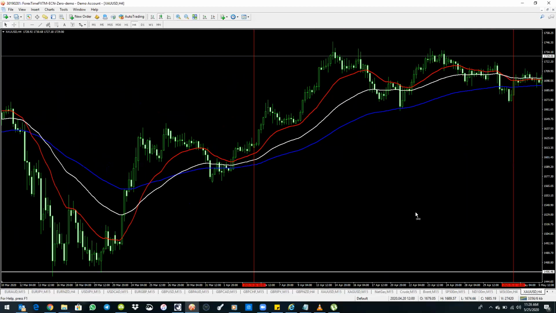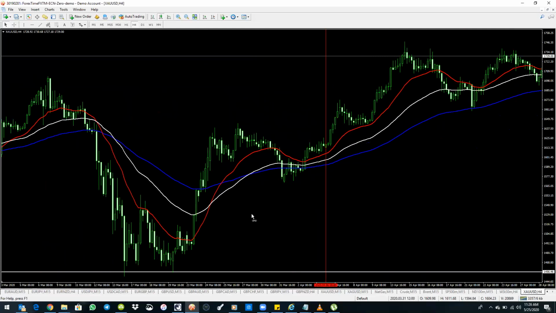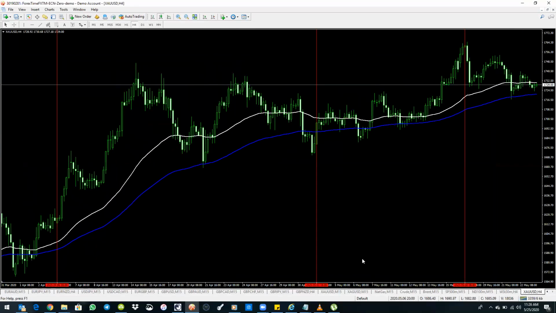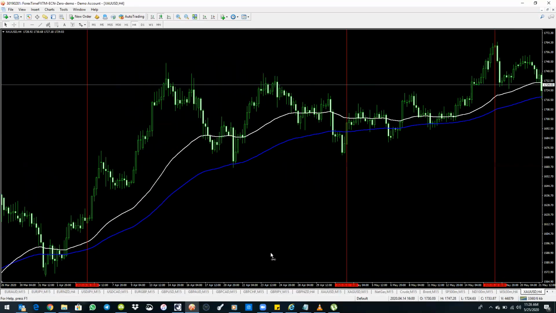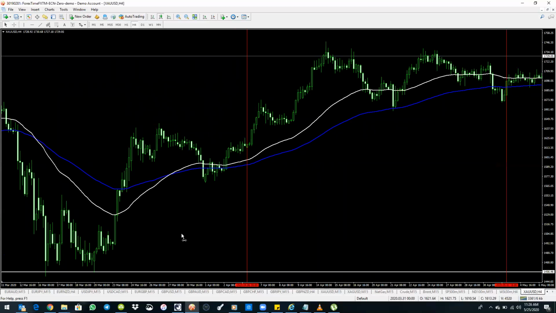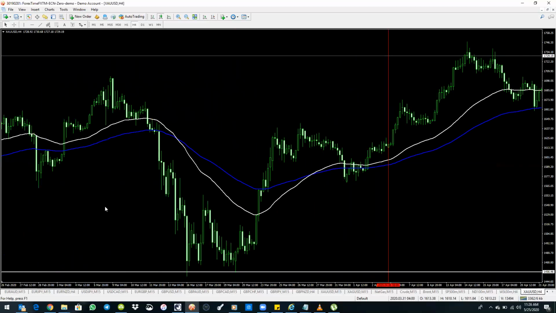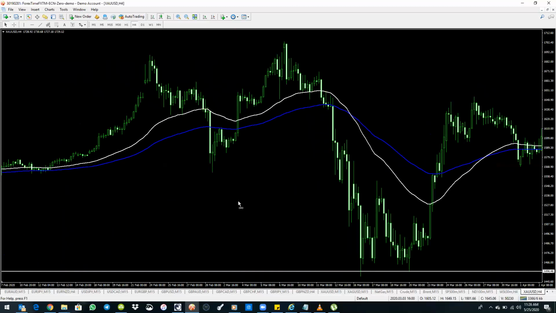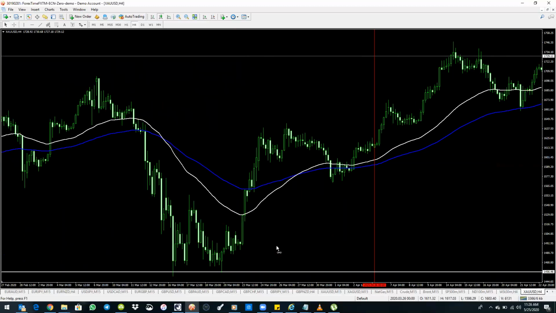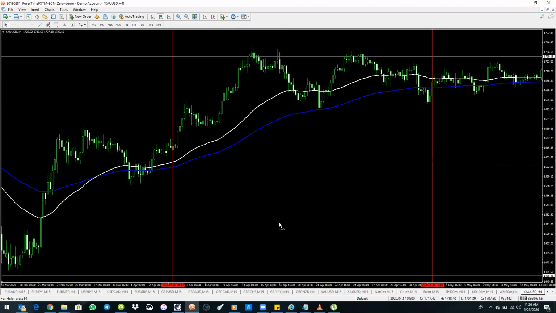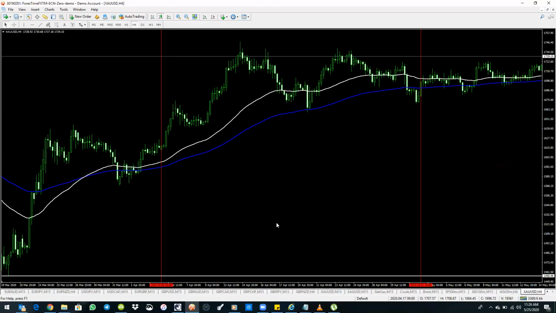You can see the line is a bit smoother, and it eliminates any false move, let me put it like that, in the market. And if you look at both the 50 period and the 100 moving average, you can see that it acts like a dynamic support or resistance to the market.